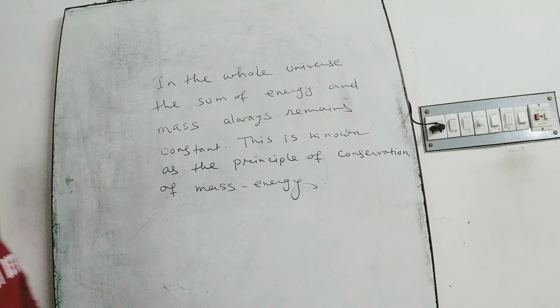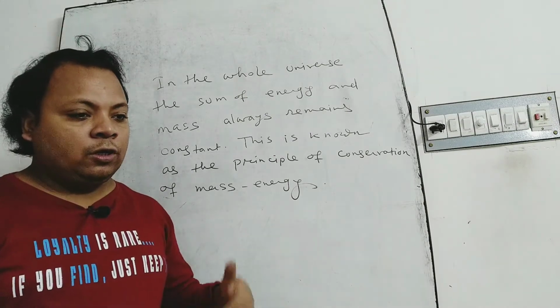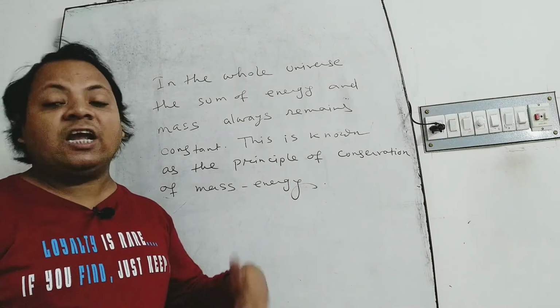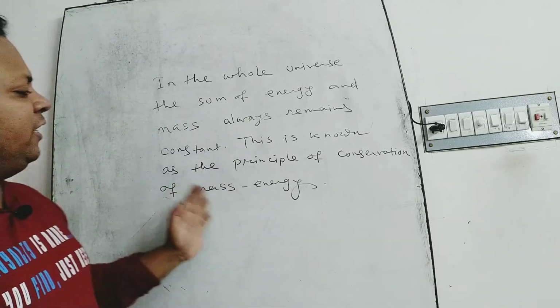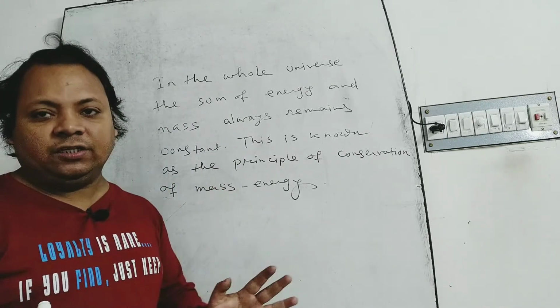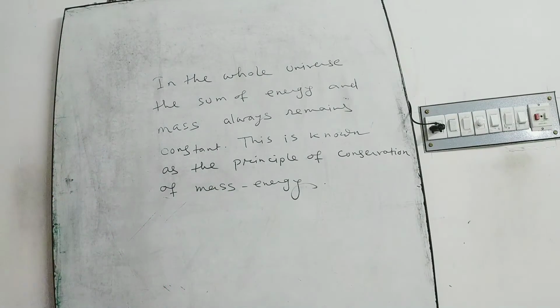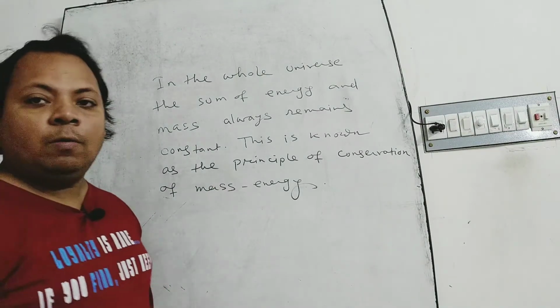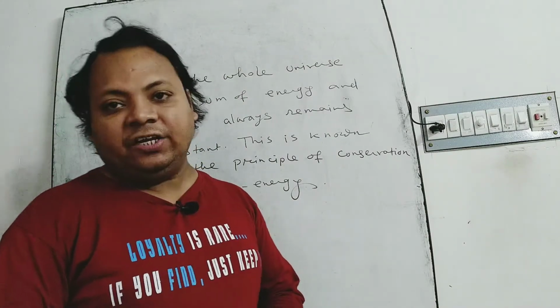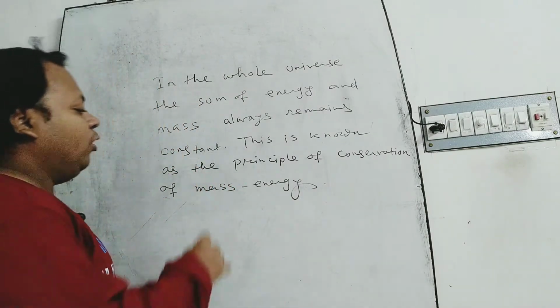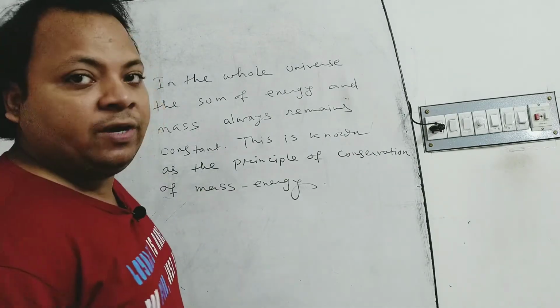That is, energy can be converted into many forms, and mass and energy can be converted into each other. But mass and energy cannot be destroyed or created. The total sum of mass and energy always remains constant.